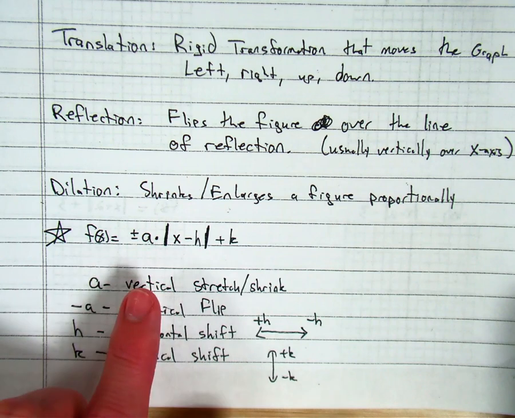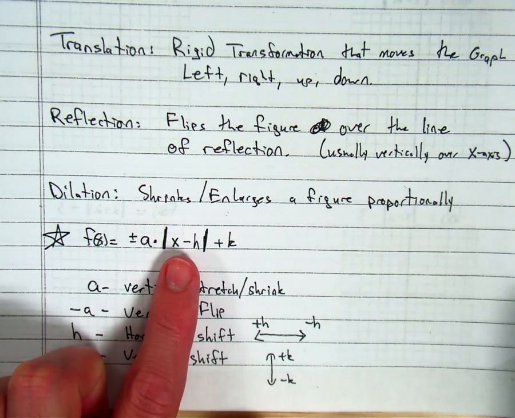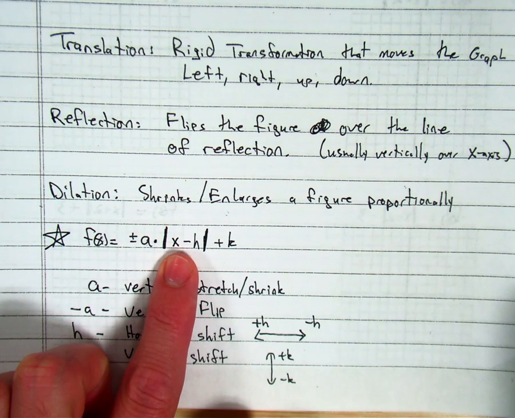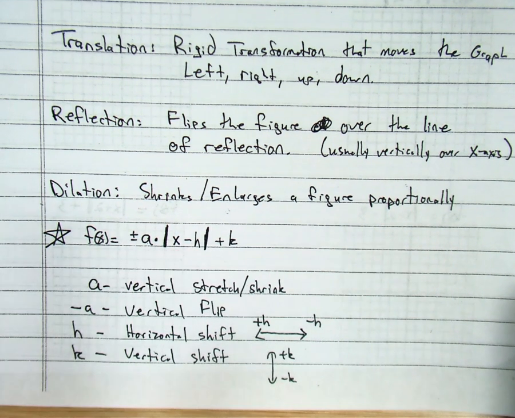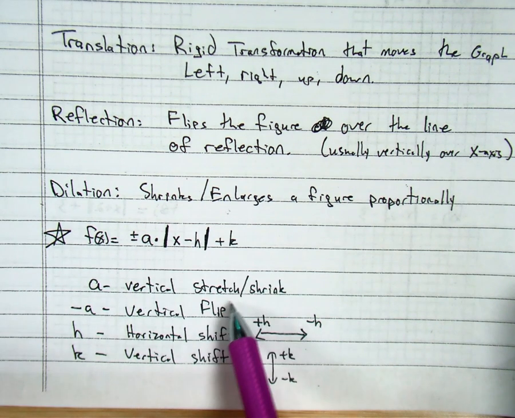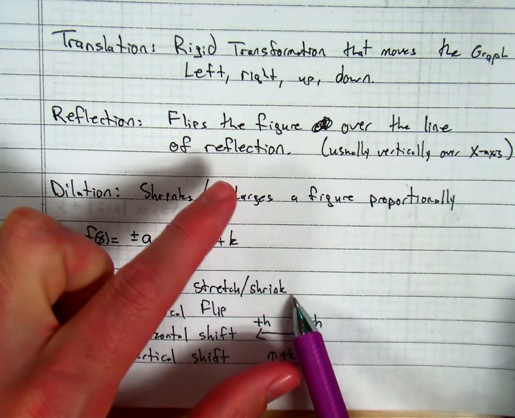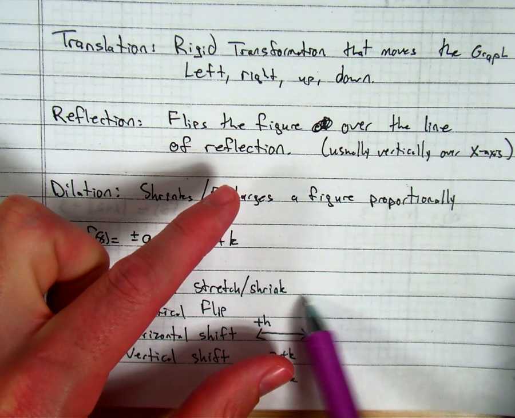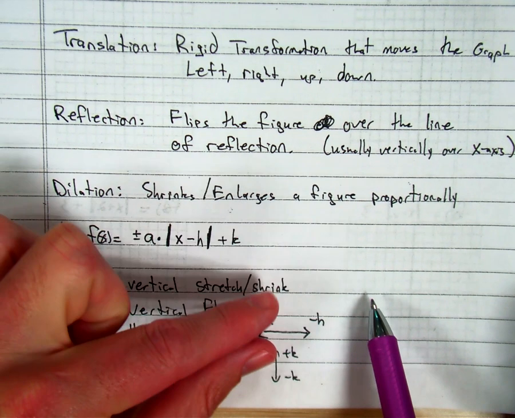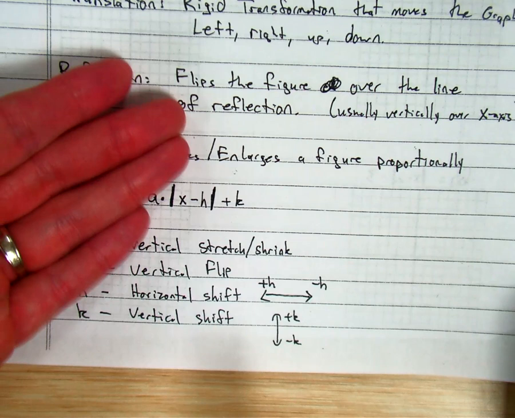Whether this is absolute value like today, x squared like next week, or sine and cosine at the end of the year, this is going to be the same basic setup. Okay? This a multiplier in the front is going to be your stretch or shrink. If it was times 3, it's going to stretch it out. If it was times by a half or 1/3, a fraction in the front, it's going to shrink it down. If your multiplier is negative, it's going to flip it over.